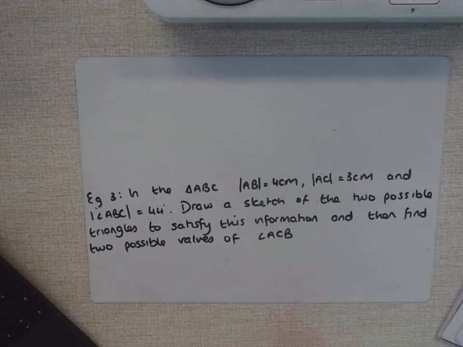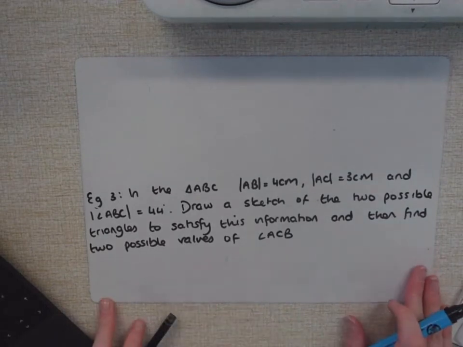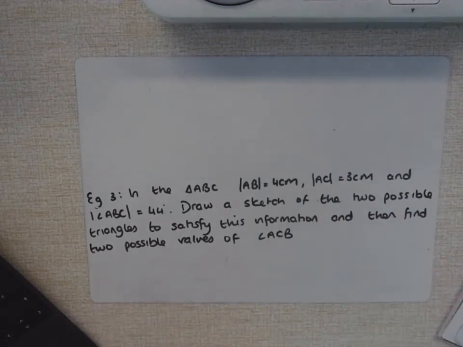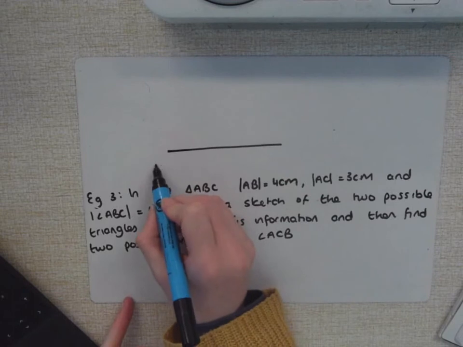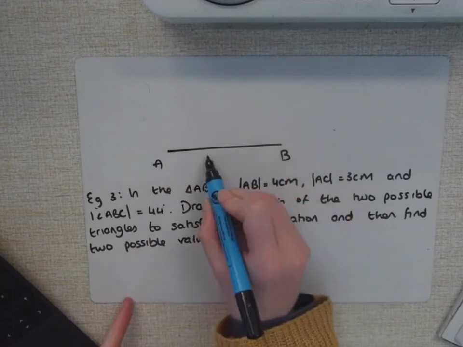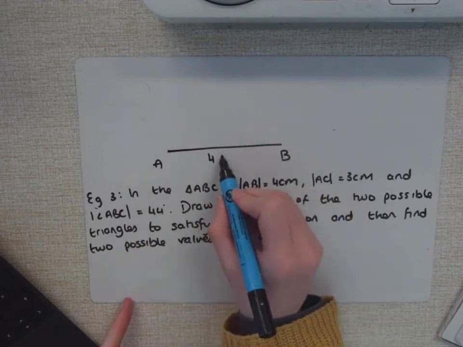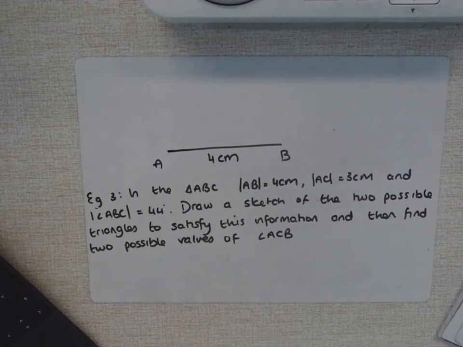So, in the triangle ABC, AB is 4, AC is 3 and angle ABC is 44.